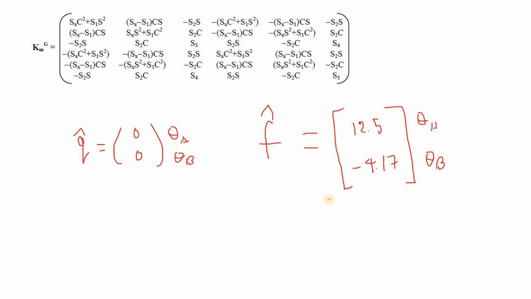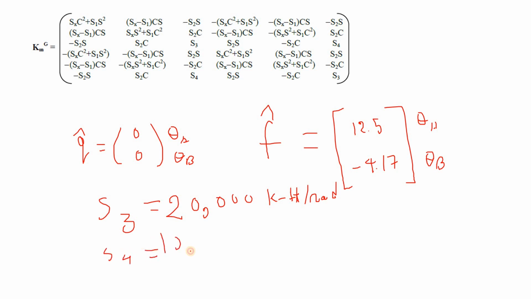So now we have K, we have our U, we have our Q, we have our F. So we can now write up the matrix. And from the previous calculations, we also have the S3 and S4 values. We had figured out that the value of S3 was 20,000 cubic feet per radian, and S4 was 10,000 cubic feet per radian.